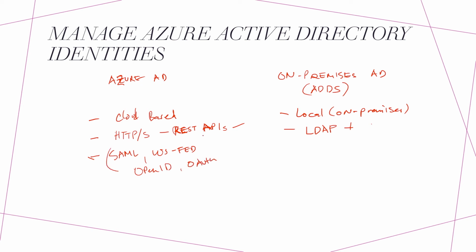So if you're setting up, let's say, single sign-on for an application, whether third party, internal, or external, you can use these protocols for authentication within Azure AD. While in a local AD, they use Kerberos and NTLM. Those are the most common. They're more like legacy authentication.